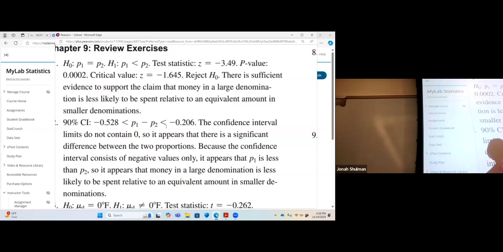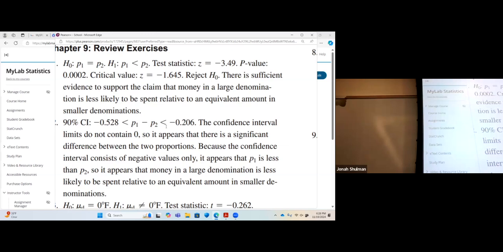Does that make sense? So we had these two. This was our H0, right? That was our null, that it was going to be 0. We got two negative numbers, not 0.